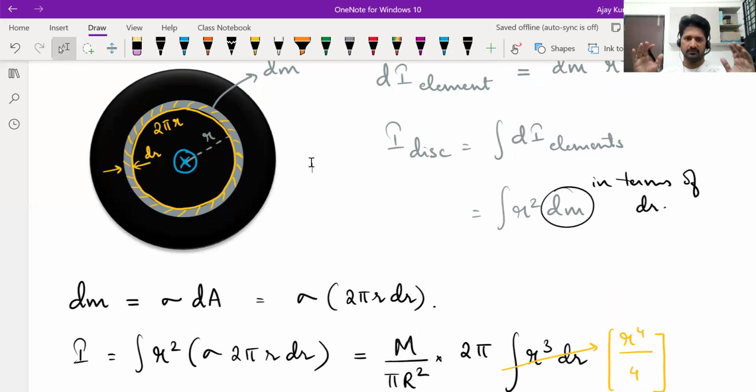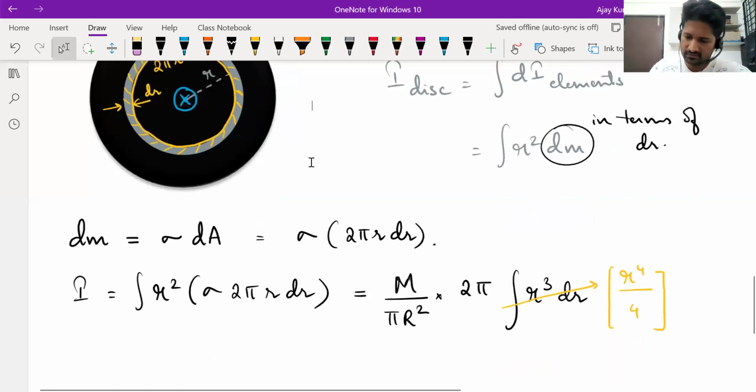Now the whole system, the full disk, is a collection of such elements, right? So from which value to which value should the radii of these elements vary to cover the entire disk? 0, sir. 0 is the starting value. Final? Capital R. So 0 to capital R.